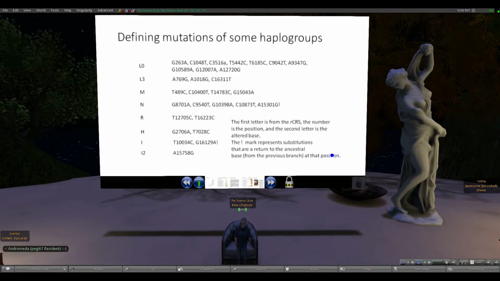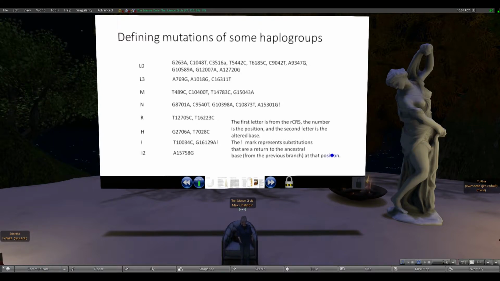So these are the defining mutations of some of the haplogroups, and it lists only the mutations of the major group. Each of these has a number of subgroups. And sometimes those subgroups go into multiple letters and numbers. But these are some of the major haplogroups. It's just a few of them.